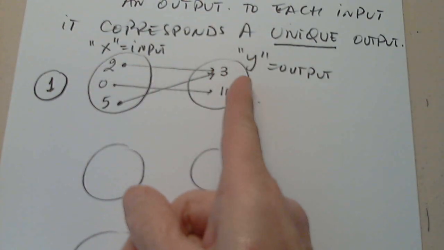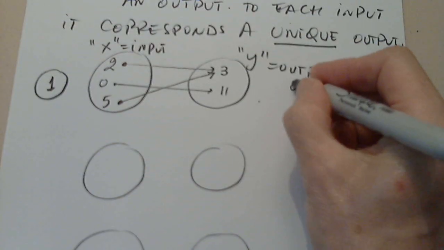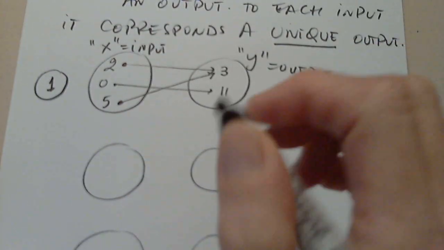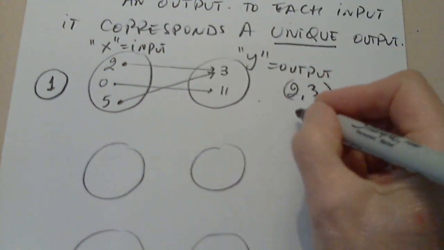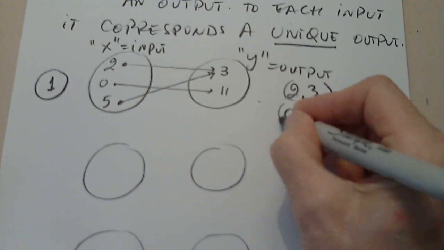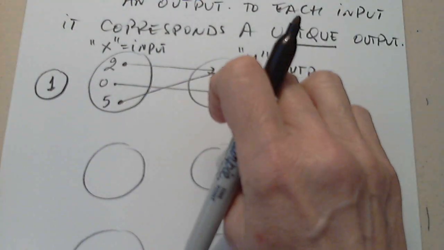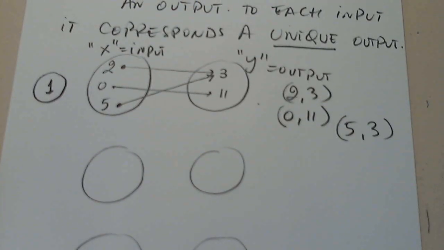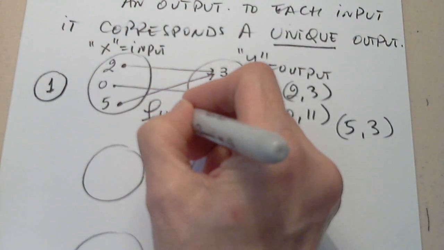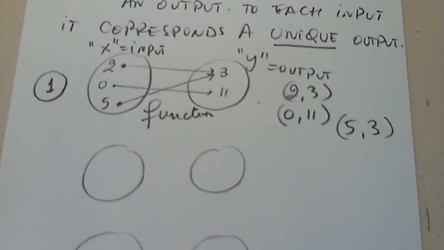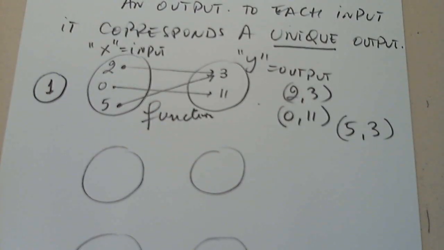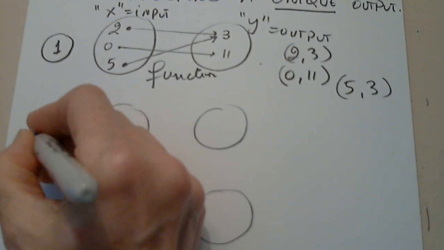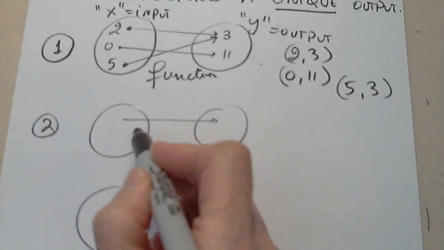So 2 corresponds to 3, and I found an ordered pair, 2, 3. 0 corresponds to 11, 0, 11. 5 corresponds to 3, I have another ordered pair, 5, 3. This is a function. Number 2 is also a function, something like this.